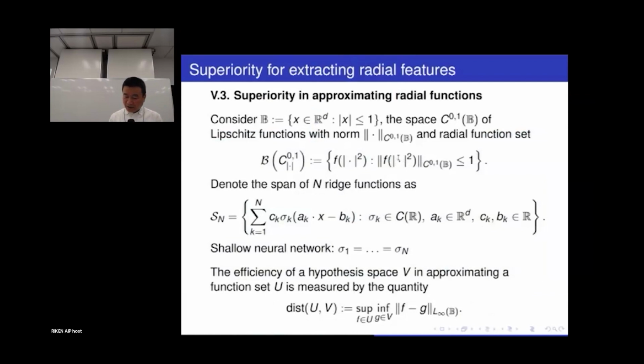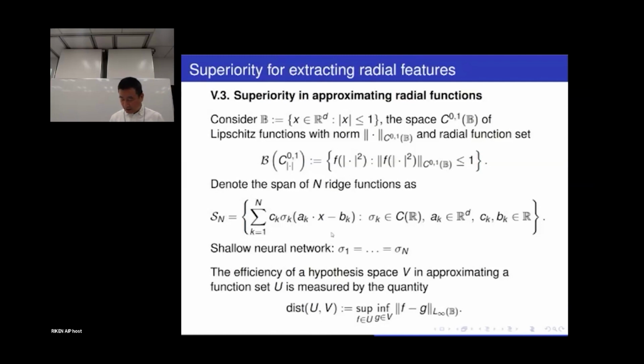Now, if we consider the function to be radial, then deep CNNs are better. We compare with shallow neural networks. If the sigma_k are all the same, then this is the shallow neural network. But here we even allow this to be flexible, meaning that the hypothesis space is even larger.